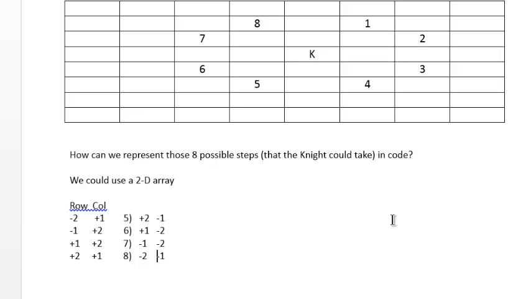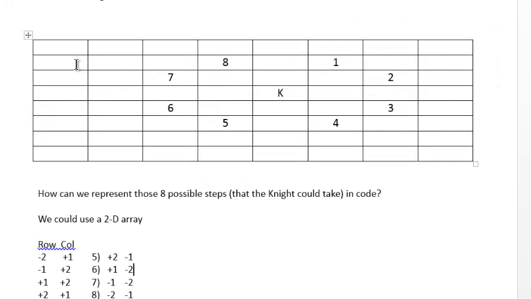Given the knight is in location 4, 5 right now on the grid, and we randomly select 5, we would add 2 to the row and subtract 1 from the column to move the knight to location 5. But what if the knight is up here? Now how many moves can the knight make? Well, we see that if he tried to move for step 1, which is minus 2 rows, he's off the grid.